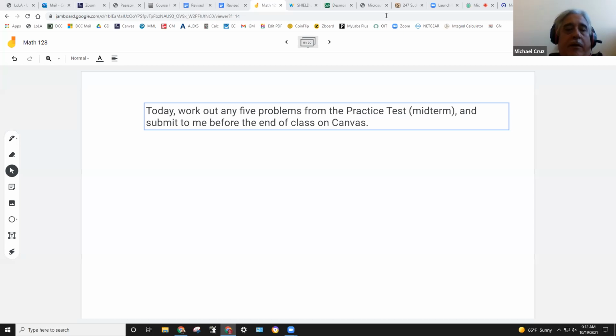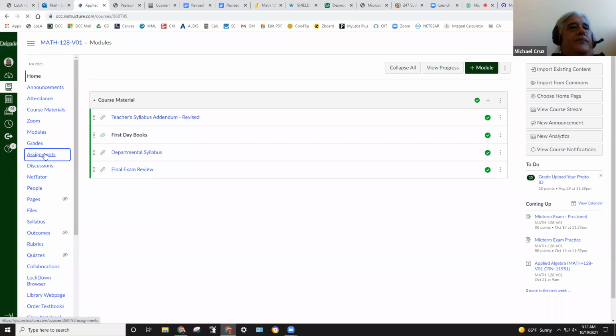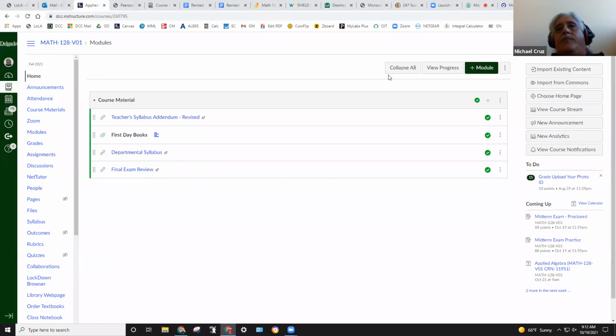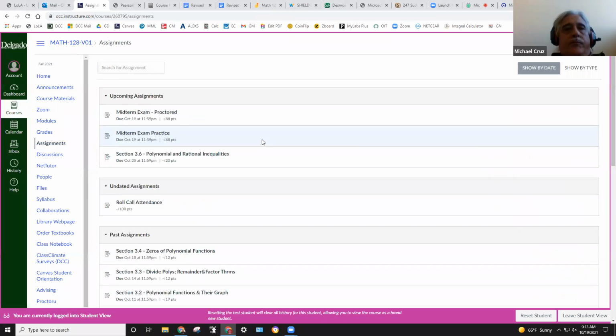All right, and then I've got the little column set up. You should be able to go into assignments. Now let's see if I can switch over to being a student to show you what it looks like. It's basically just like the upload photo ID thing. Under assignments, where's it at?